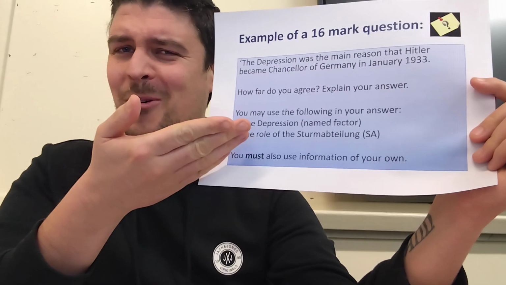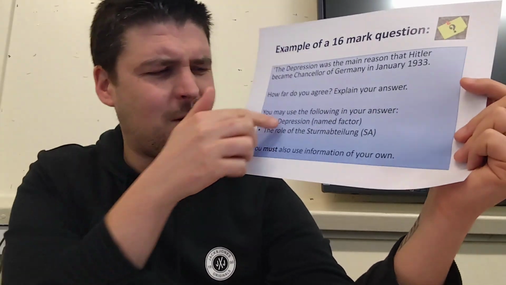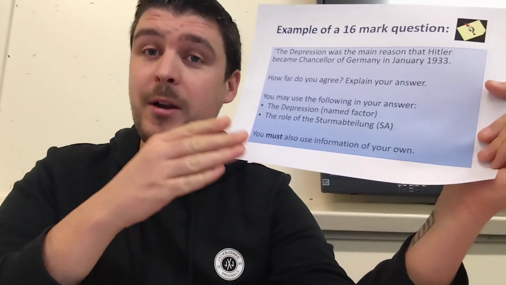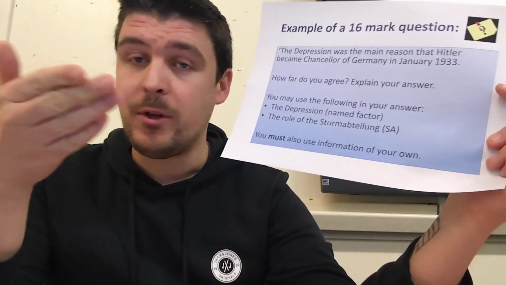If it's a question that mentions the Great Depression, you're probably going to talk about the Great Depression anyway. So it's not really the most helpful thing in the world that they put that as the first bullet point, but whatever. The second bullet point is always something else, something different that you might want to talk about. In this case, they've put the role of the Sturmabteilung, the SA. You must also use information of your own.